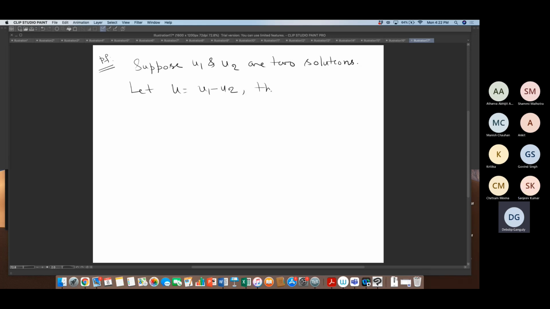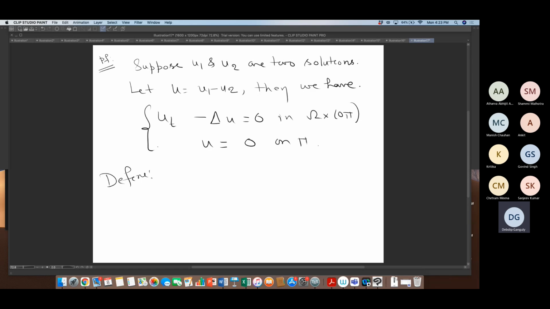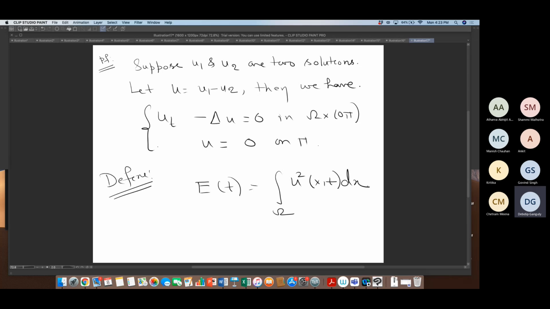Then we have u_t minus Laplacian of u equal to 0 in omega cross (0,t) and u equal to 0 on the parabolic boundary. Now you define the energy. This is called the energy: for each t, E(t) is the integral over omega of u squared (x,t) dx.